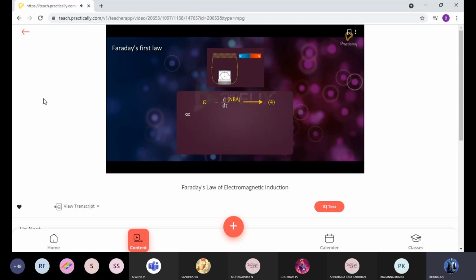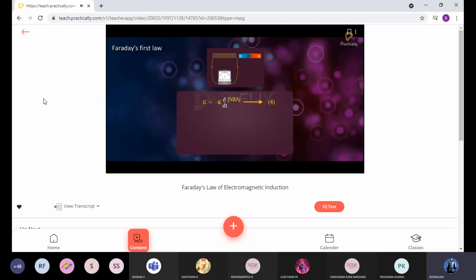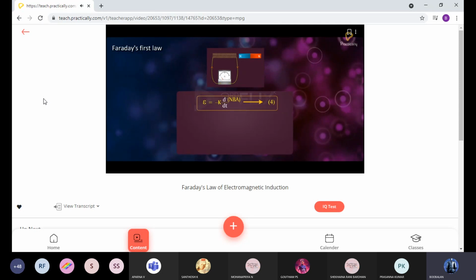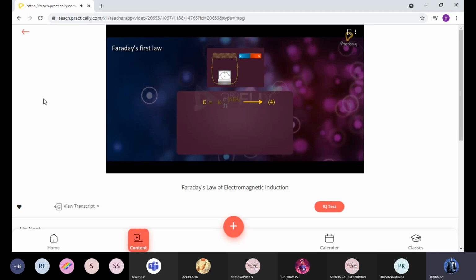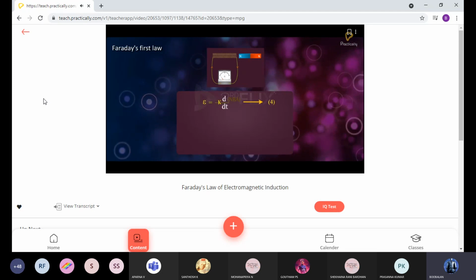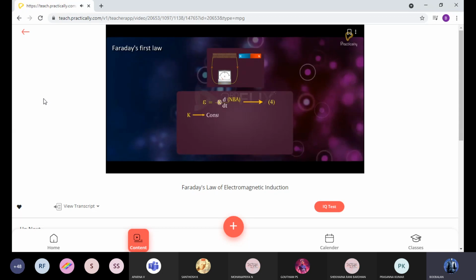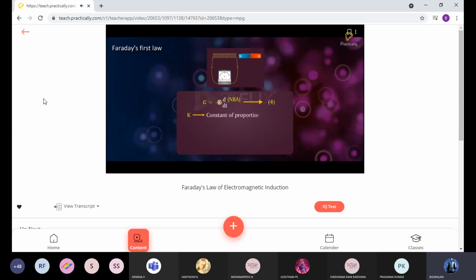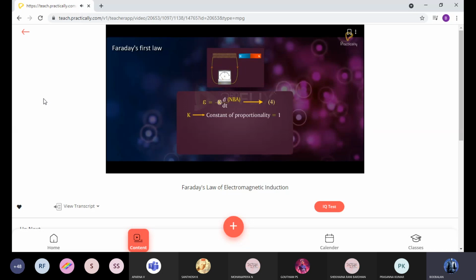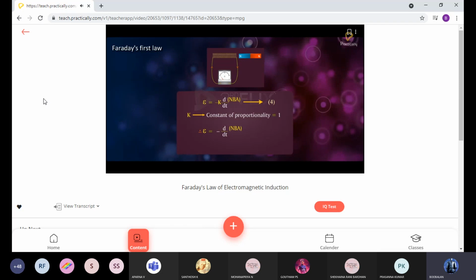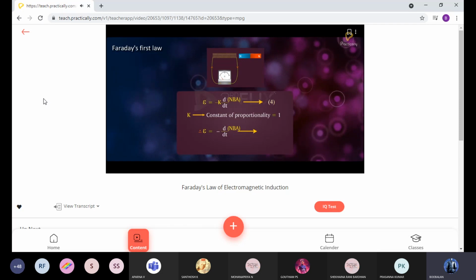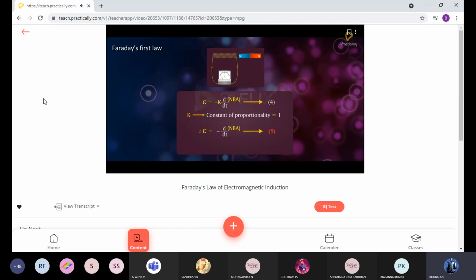Remove proportionality by introducing constant in equation 4. We get epsilon is equal to minus k d by dt of NBA, where k is the constant of proportionality, equal to 1. Therefore, epsilon is equal to minus d by dt of NBA. Say equation 5.